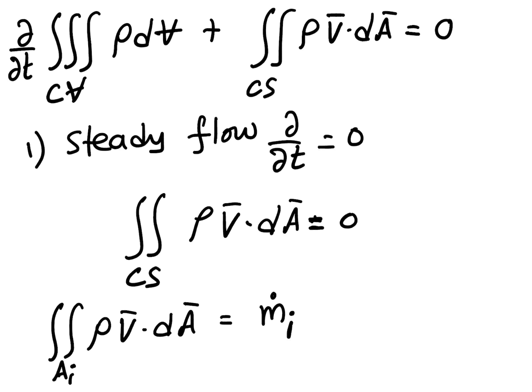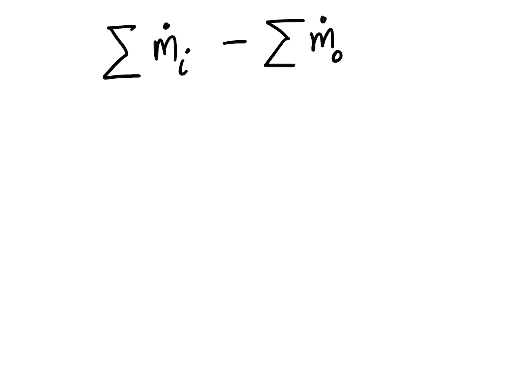So now I can generalize this relation as, I can split this integral as the sum of all the inlets minus the sum of all the outlets equals 0. This is true for a steady flow. It does make sense because if you have a system in which there are inflows and outflows, the sum of all the inflows must balance the sum of all the outflows if you don't have any accumulation or volume change in your control volume.